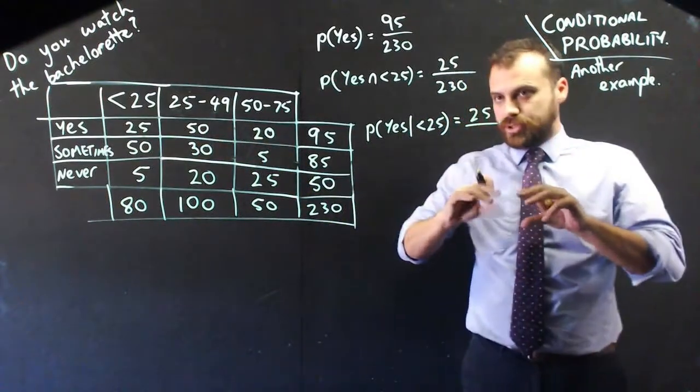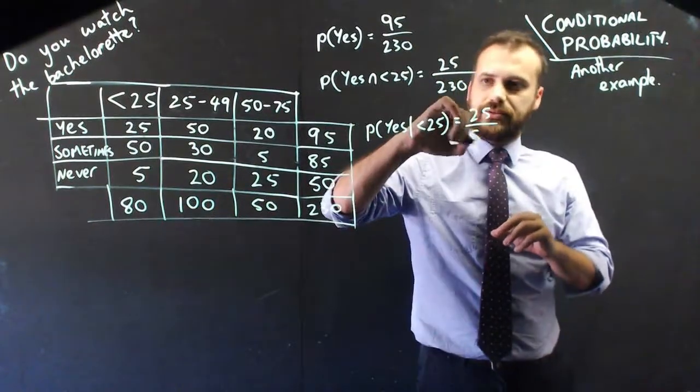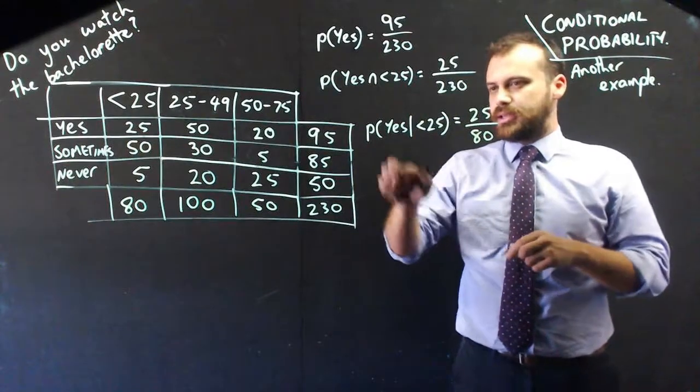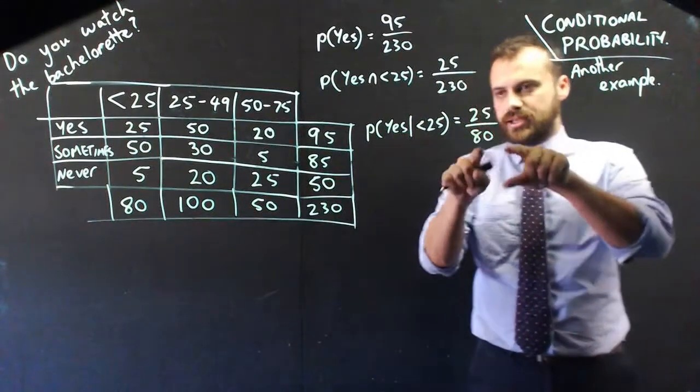So the sample space changes from 230 down to 80. And you can simplify all these, but I'm being lazy here. Now this yes given less than 25 is the key.